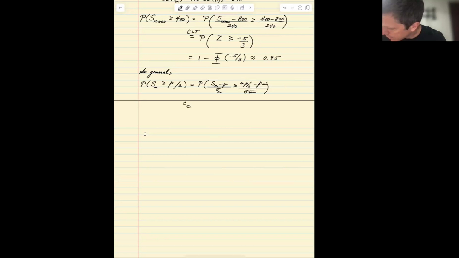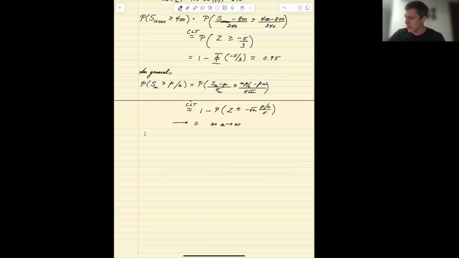This is approximately, by the central limit theorem, one minus the probability that a standard normal is less than or equal to minus square root of n times mu over 2 sigma, which converges to 1 as n goes to infinity.